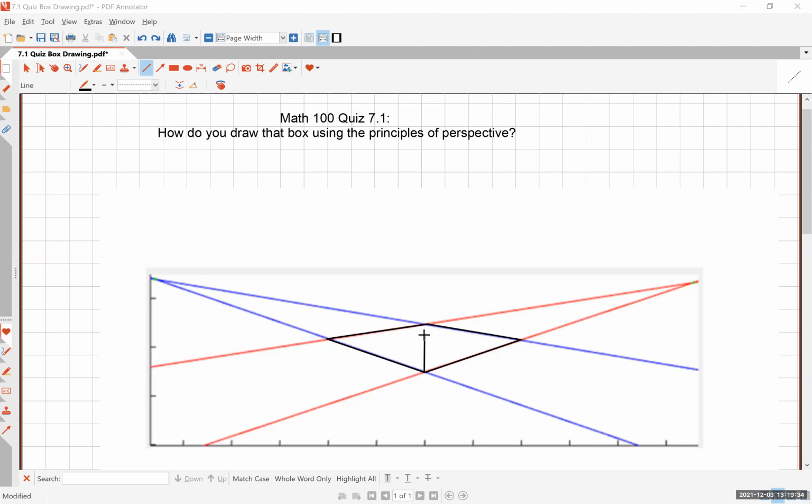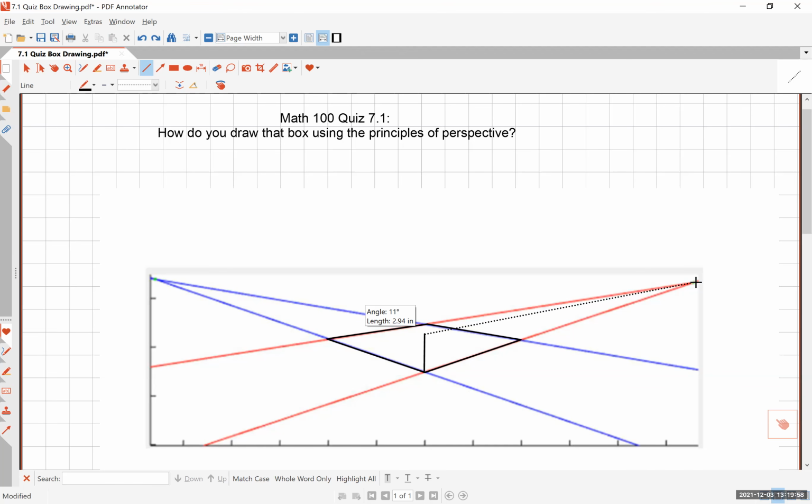In order to draw that top edge going to the right, I am first going to use a dotted line. Watch what I'm going to do. This edge, the right top edge of your box, when extended straight, has to merge at that same vanishing point on the right, which is on your eye level.